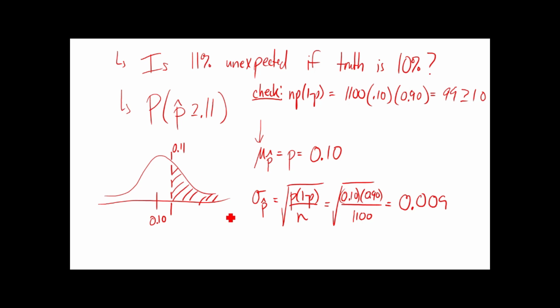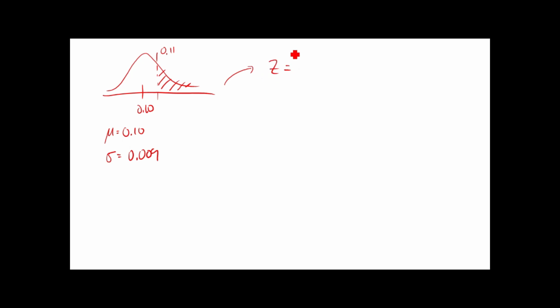Well, how do we get that answer? Z-score, sure. What we're looking for here is centered around 10%, and here's 11%. I want to know this probability. My mean is 10%, my standard deviation was 0.009. So we just need to get a z-score for 11%.